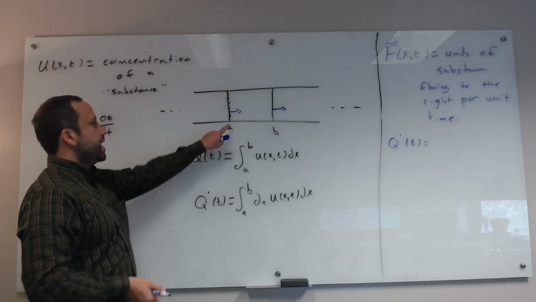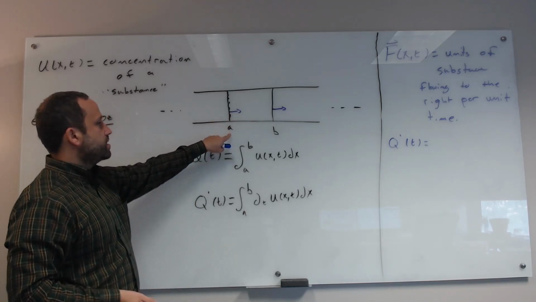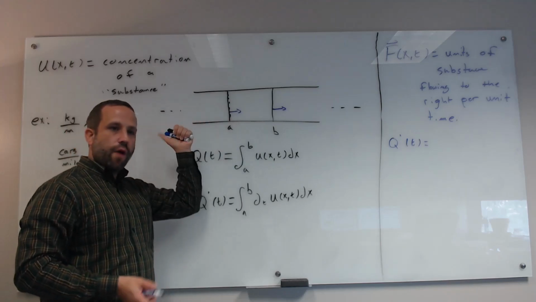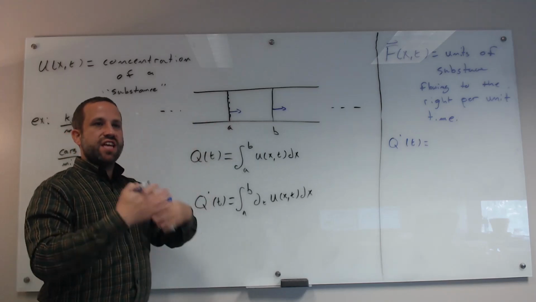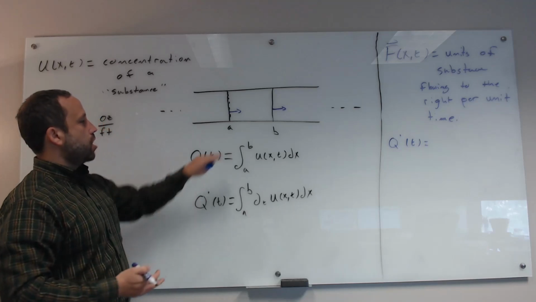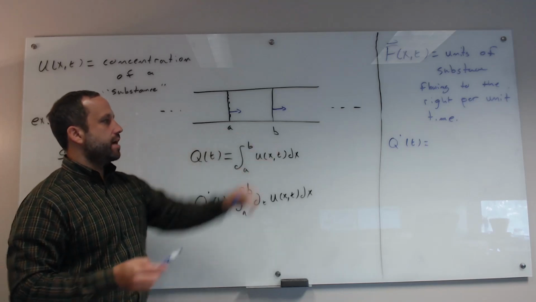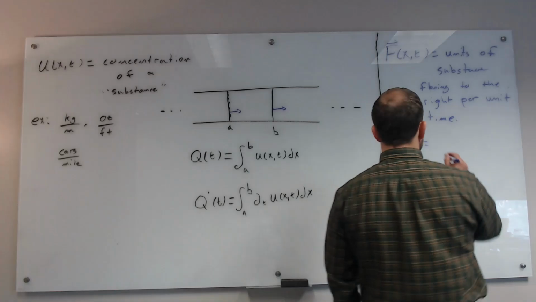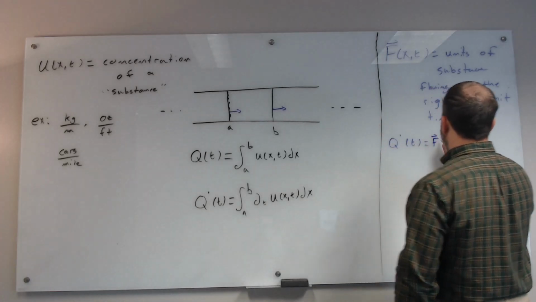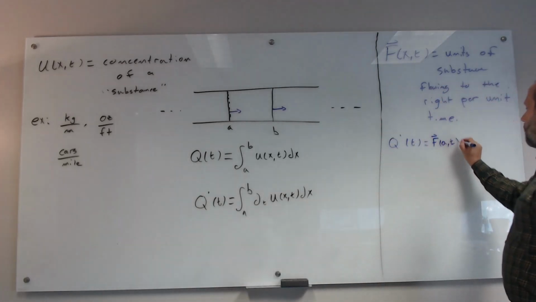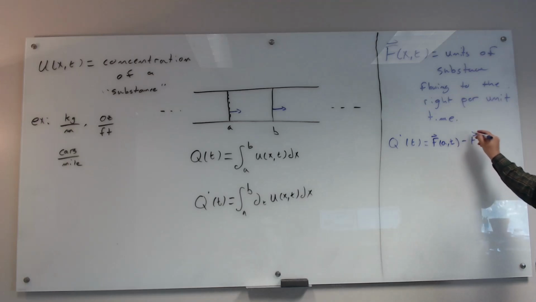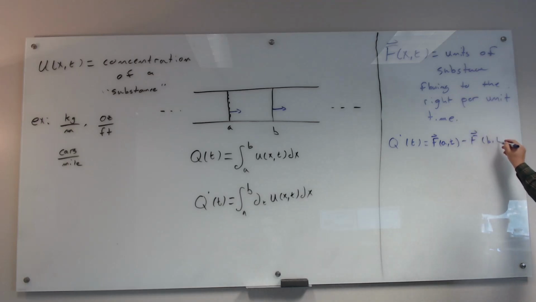And again, if f of A is negative, it's going to be pointing that way, but the equation still works out. Just think through why rate in minus rate out is always going to be f here minus f there. So Q'(t) is going to be f(A,t) minus f(B,t).